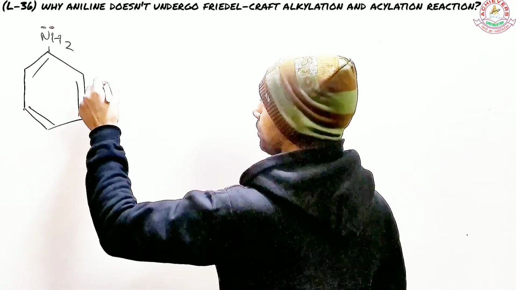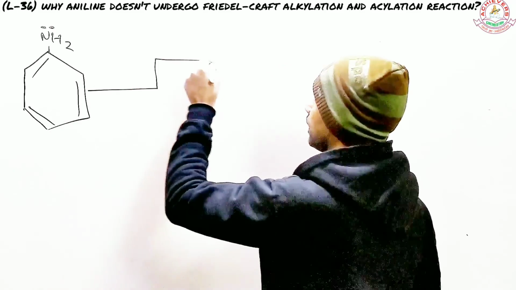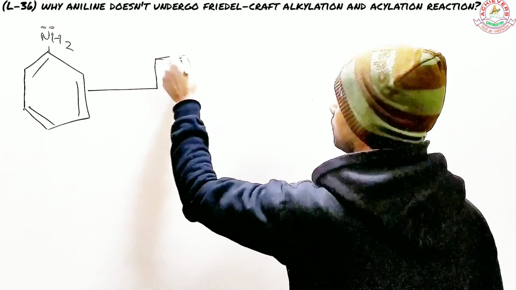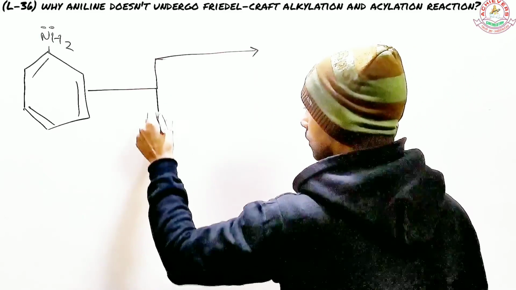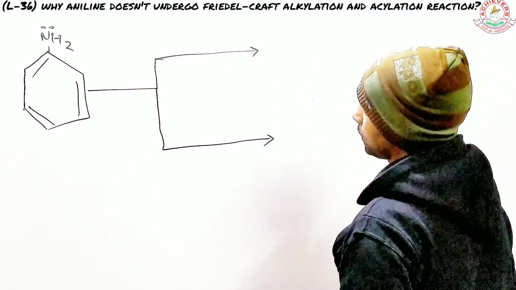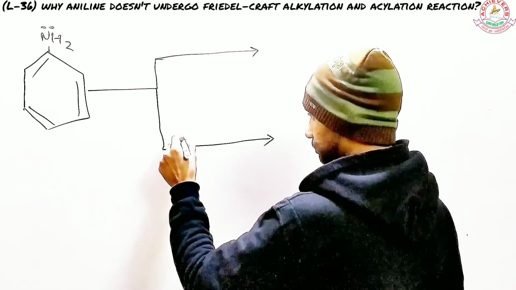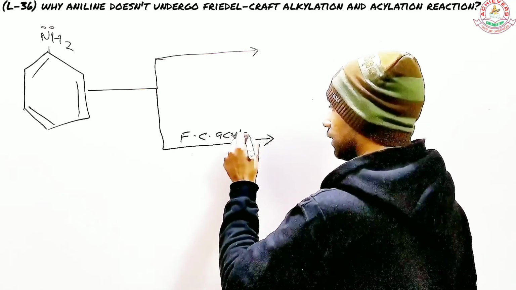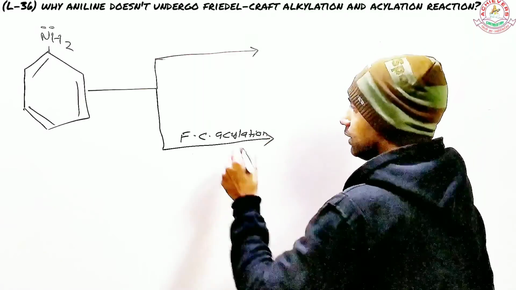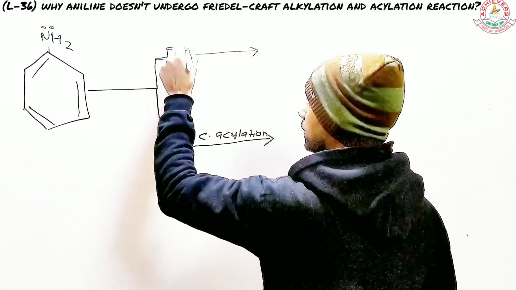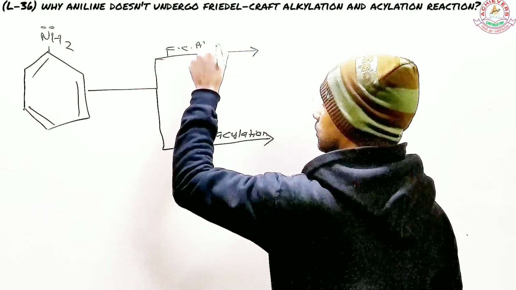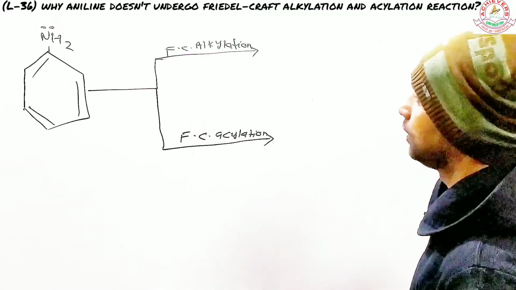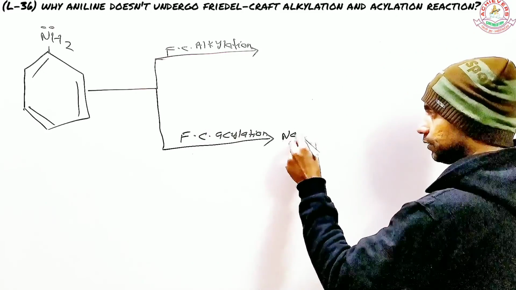This reaction can be classified into two categories: one is Friedel-Crafts acylation, and the other is Friedel-Crafts alkylation. But if I brief the answer, I would say there is no product.